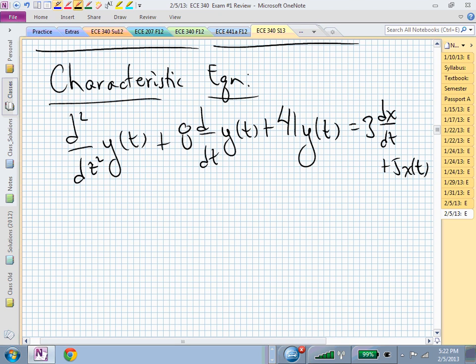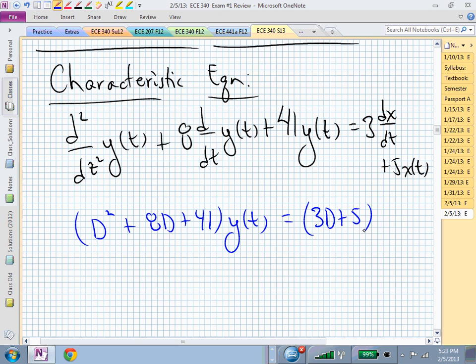You could put this into our operator notation that we talked about earlier. We could say, oh, there's d squared plus 8d plus 41, and that's now operating on y of t, and that's now equal to 3d plus 5 operating on x of t. That's now the operator notation, and it's cleaner or easier to maybe look at.